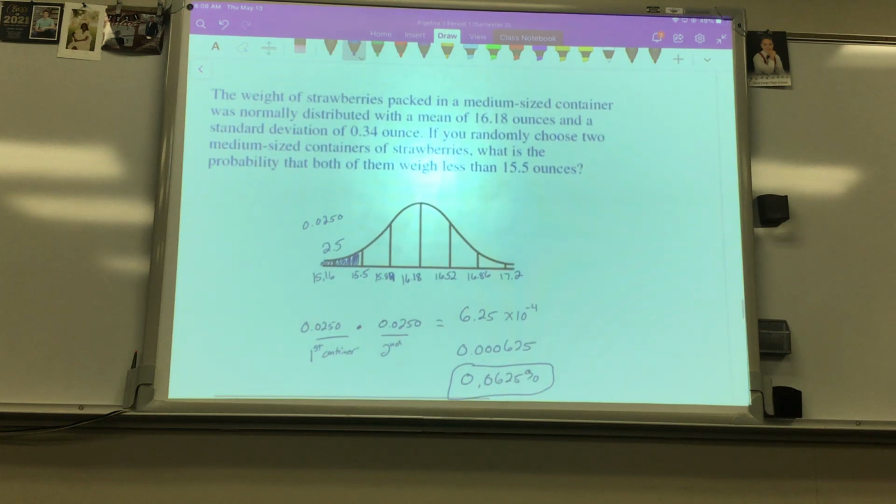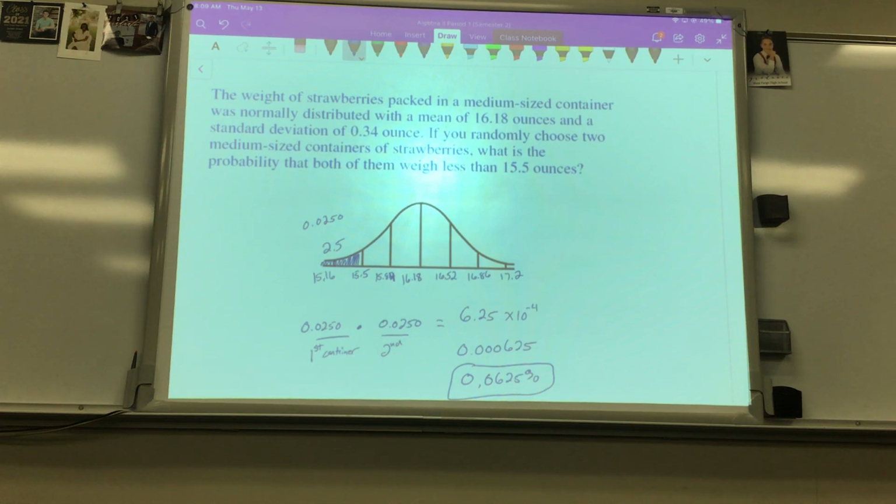Okay, so it's all about making sure you read carefully. This case is 2 separate events, right? First event, I'm grabbing a container that's less than 15.5. Second event, same thing.